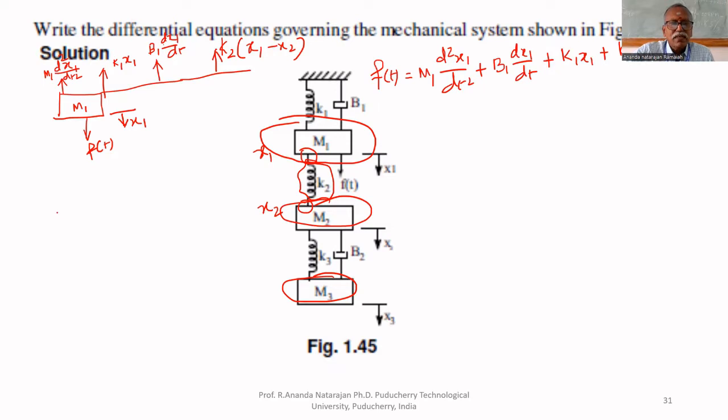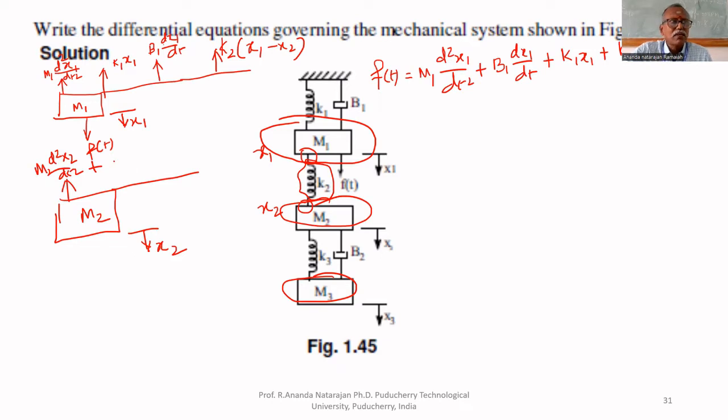Now, if you take the free body diagram for M2, what are the forces? No applied force on M2, but only reaction forces. The direction of displacement is downward, therefore reaction forces will act upward. What are the reaction forces? M2 d square x2 by dt square plus spring K2, which is connected to both M2 and M1.